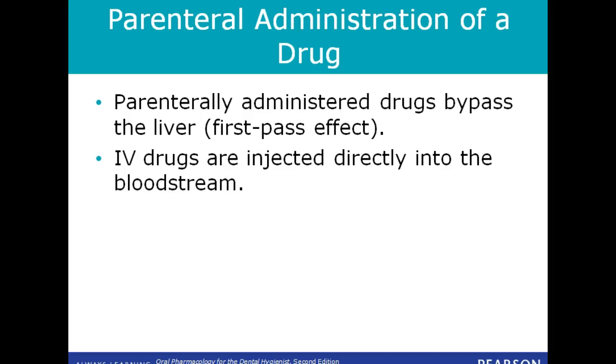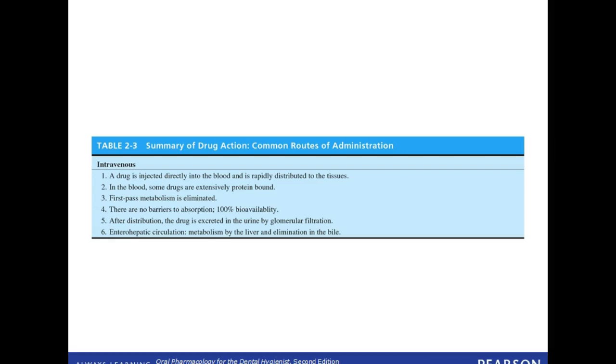Parenterally administered drugs bypass the liver and therefore they bypass the first-pass effect. IV drugs are directly injected into the bloodstream. A summary of drug action for intravenous drugs is shown in Table 2-3.